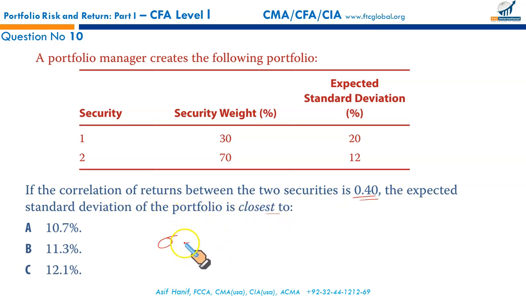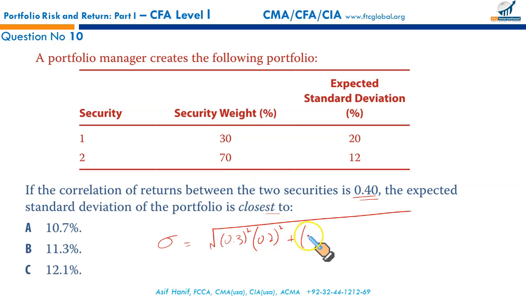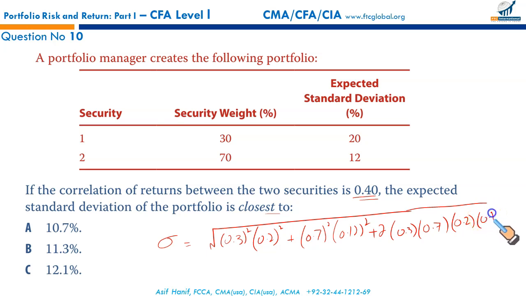The expected standard deviation of the portfolio is equal to the square root of the square of the weight of the first security, 0.3 squared, times square of the standard deviation of the first security plus weight squared times standard deviation squared plus 2 times the weight of the first security times the weight of the second security times the standard deviation of the first security times the standard deviation of the second security.